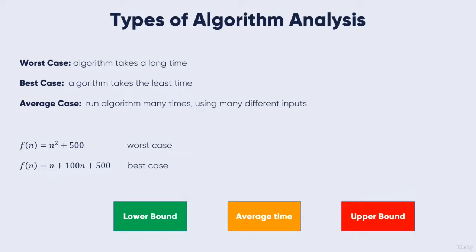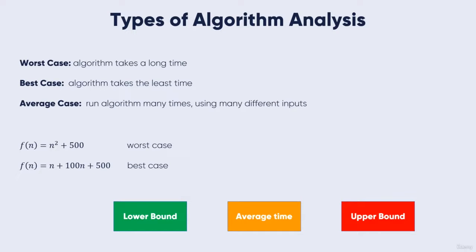So this will vary according to the input and the generated data. And the average time is varying between the lower bound and the upper bound. The upper bound corresponds to the worst case and the lower bound represents the best case.